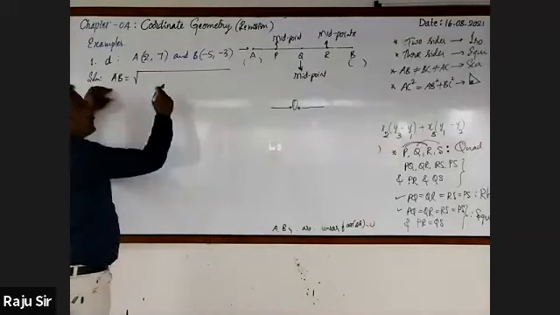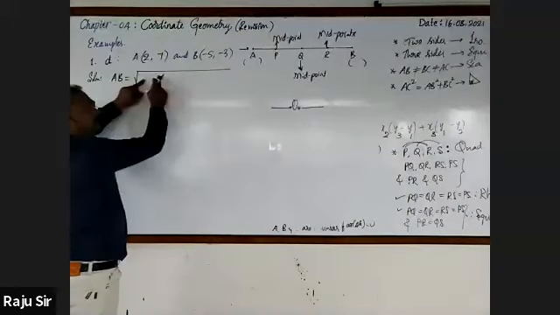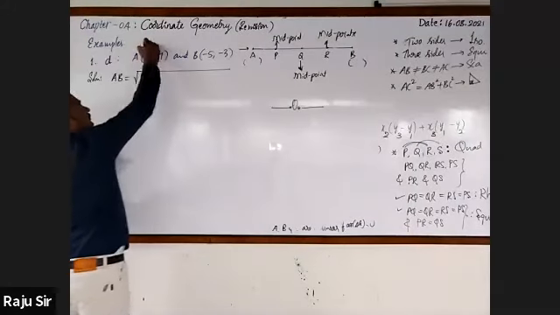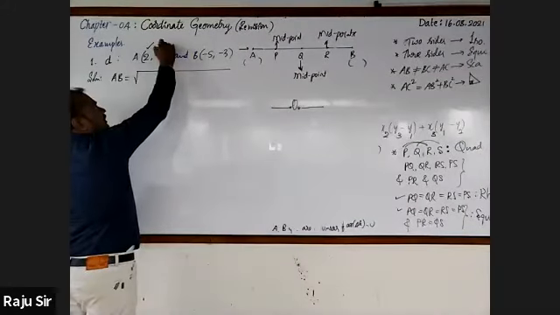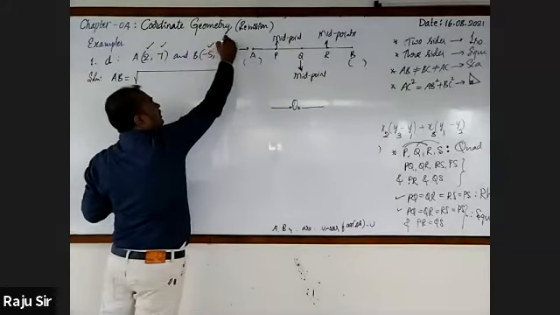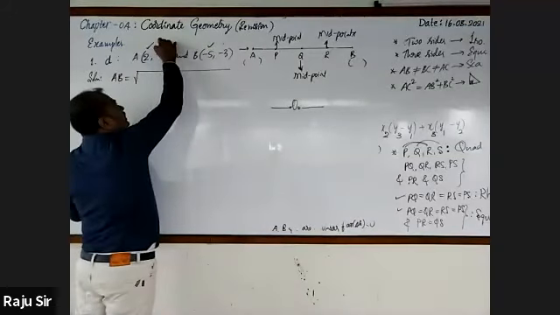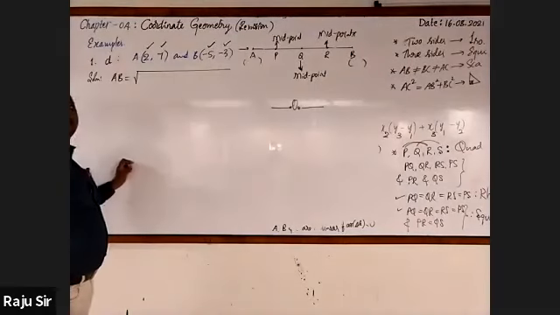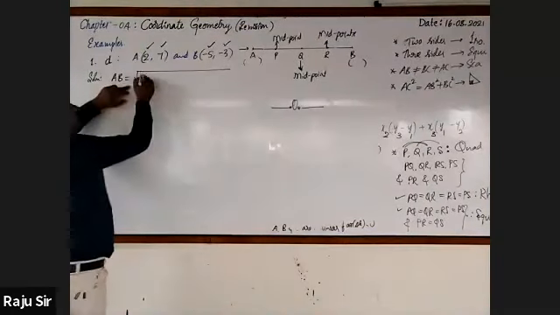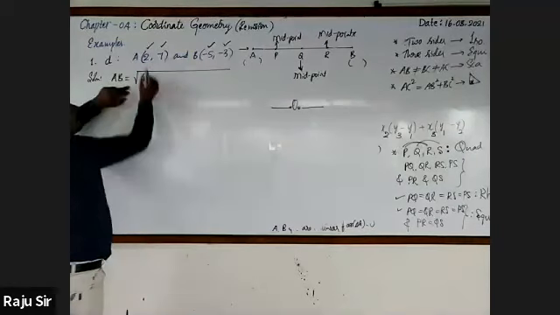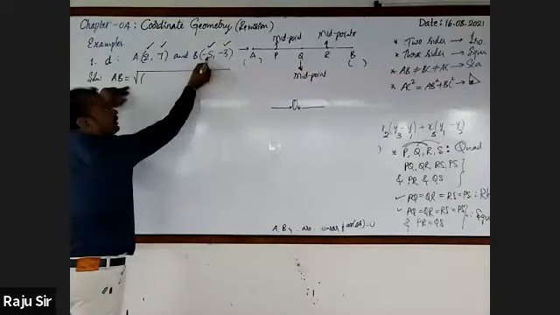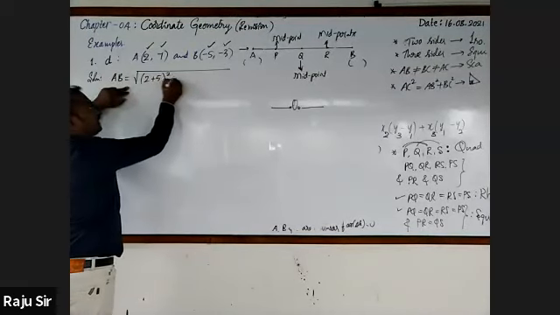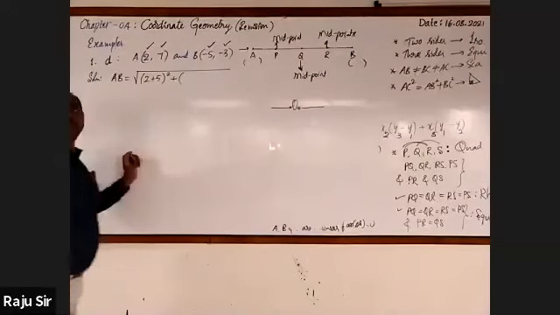Just recall the distance formula. It is the square root of (x1 minus x2) whole square plus (y1 minus y2) whole square. This is x1, this is y1, this is x2, this is y2. x1 minus x2: 2 minus of minus 5, plus 5, 2 plus 5. Prem, are you writing?